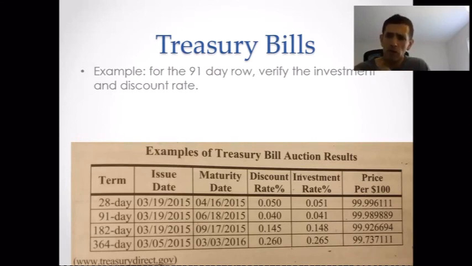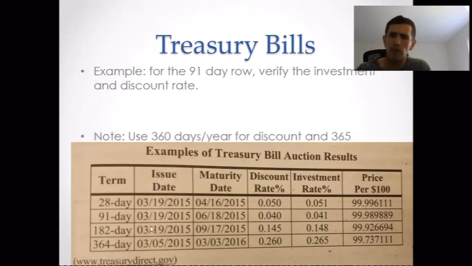What I want to finally do is verify these investment and discount rates. The investment rate is really the interest rate. So let's derive these rates and check that they're accurate. This is for this row right here, the 91-day row.